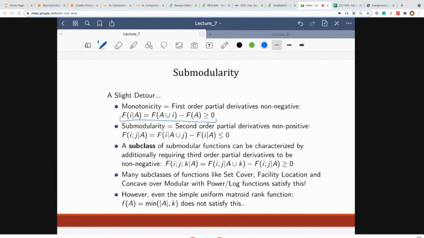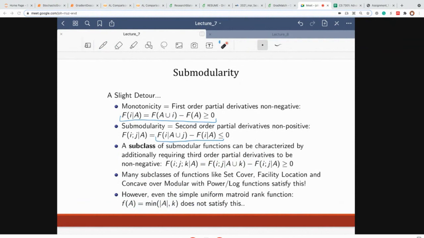Submodularity says that the second order partial derivative, f of i comma j given A, which is nothing but f of i given A union j minus f of i given A, is less than or equal to 0 for the function to be submodular. So this property implies submodularity.